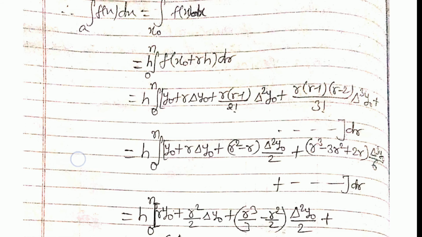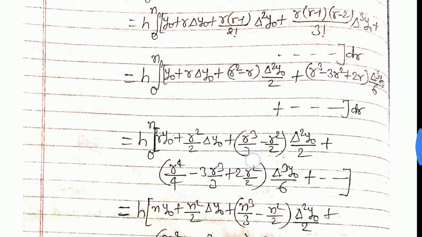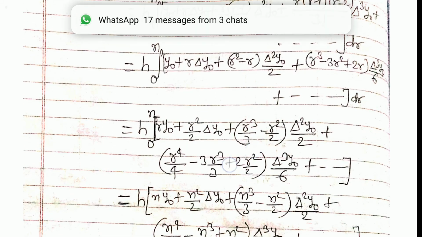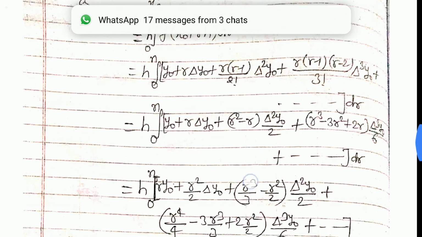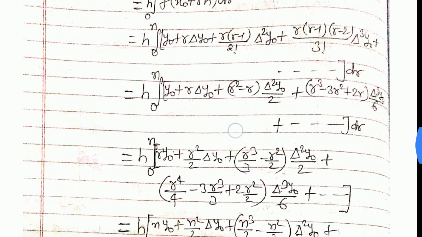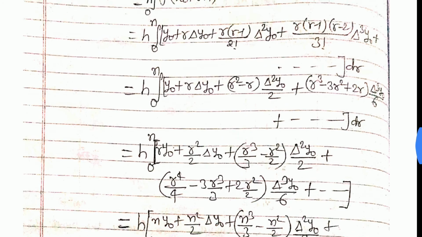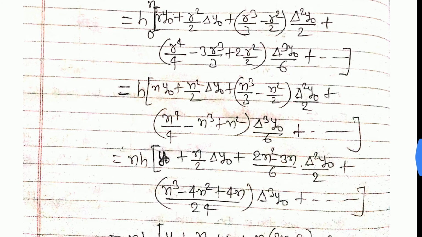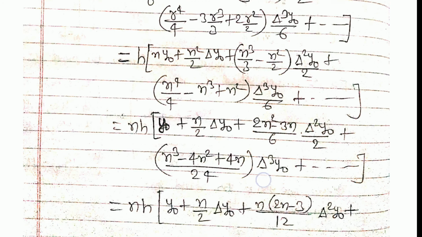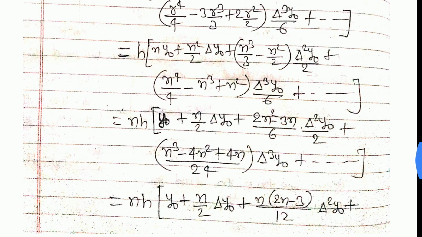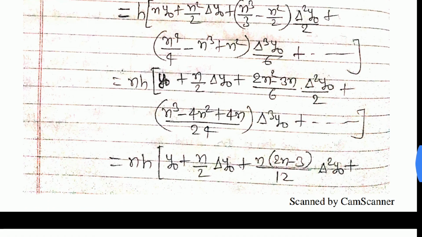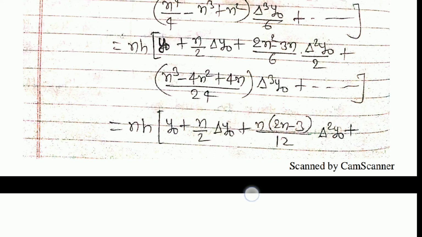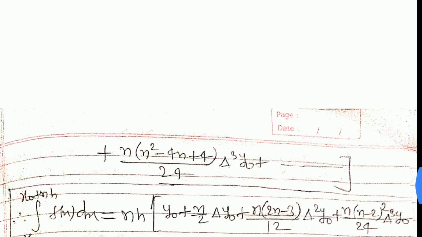Then we integrate it with respect to r, and we substitute the upper limit and lower limit, that means n and 0, and in this way we finally find this.